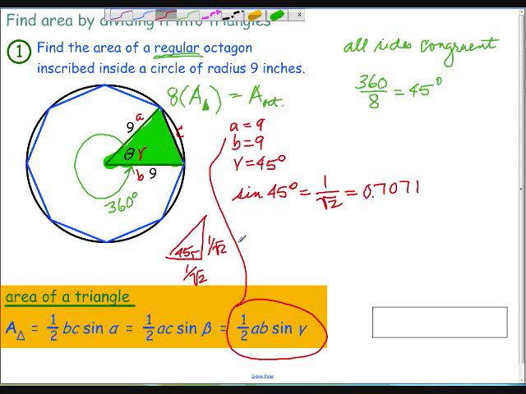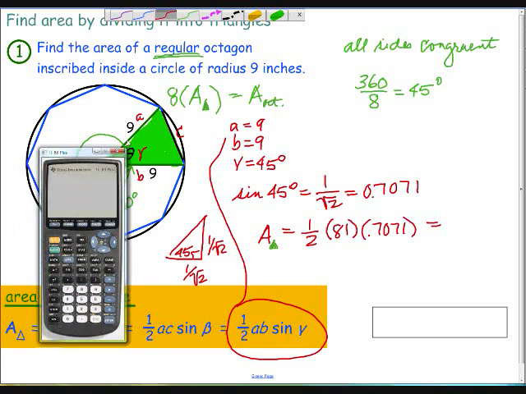So now when I put this formula together, the area of this green triangle is equal to 1/2 A times B, which will give me 81, times the sine of gamma, which we have determined the decimal value for.